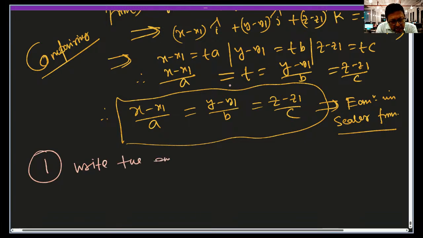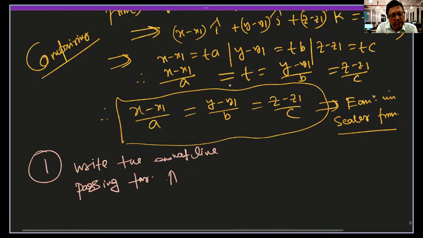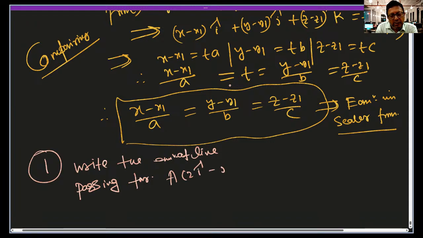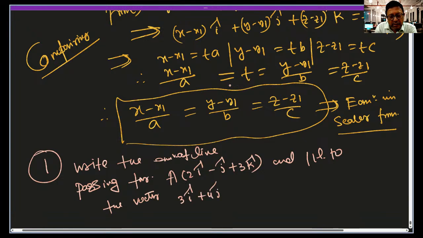Write the equation of line passing through 2i minus j plus 3k and parallel to the vector i plus 4j minus 7k.